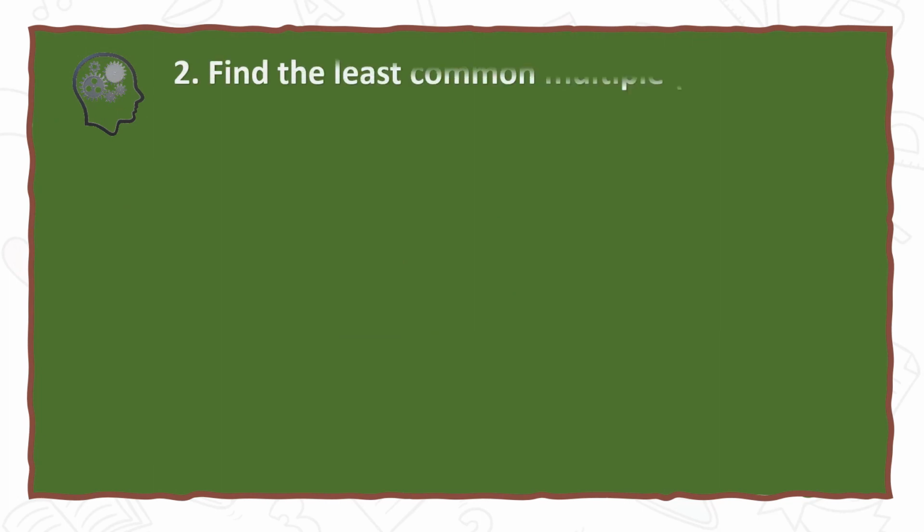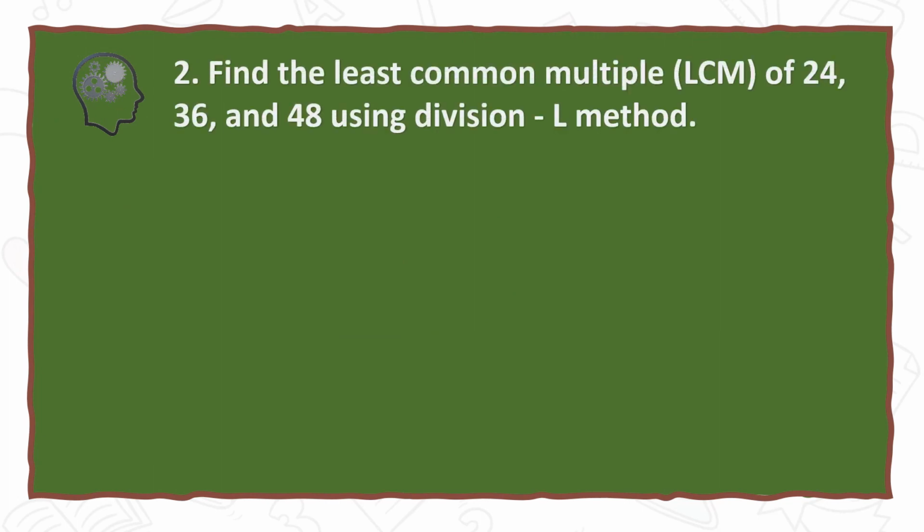Let's go to example number 2. Let's find the least common multiple or LCM of 24, 36, and 48 using division or L method. First step, write them down first and the division symbol. Again, in this case, we use two perpendicular lines to represent the division symbol.